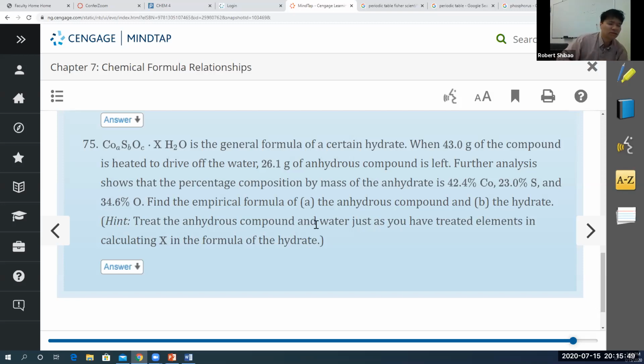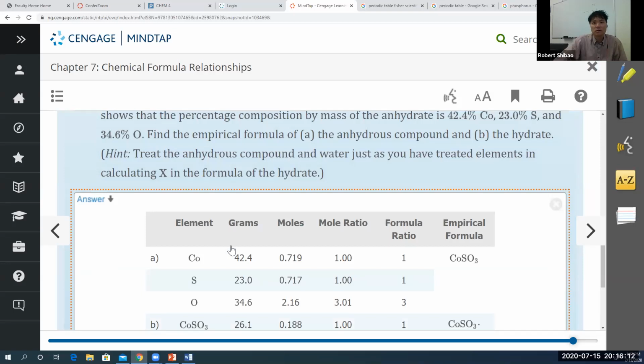All right, so the first thing is we can get the empirical formula. The empirical formula of the anhydrate is easy because we have 42.4 grams of cobalt, 23 grams of sulfur, and 34.6 grams of oxygen. So we just do grams to moles and then figure out the simplest mole ratio, and that's the formula for the anhydrate. Now the water we handle in a similar way, but let's look at this first.